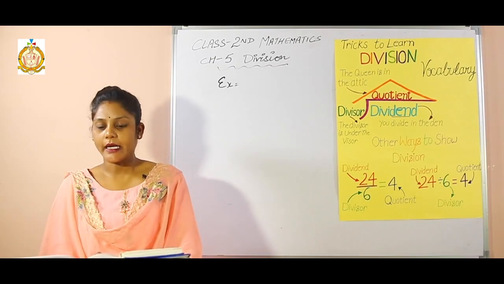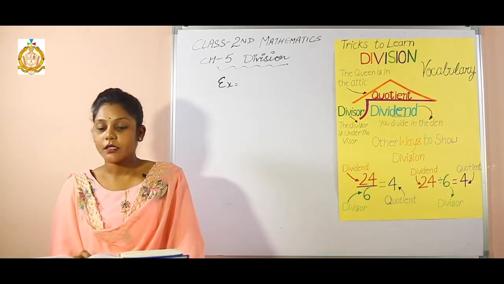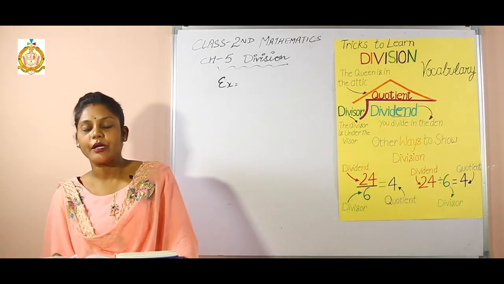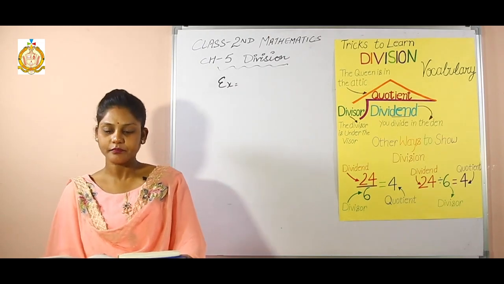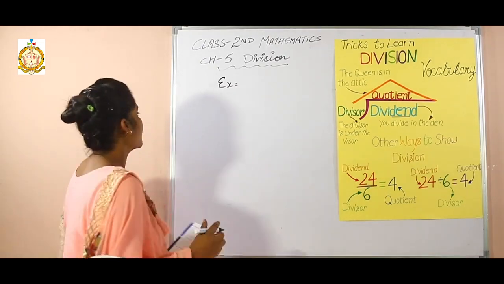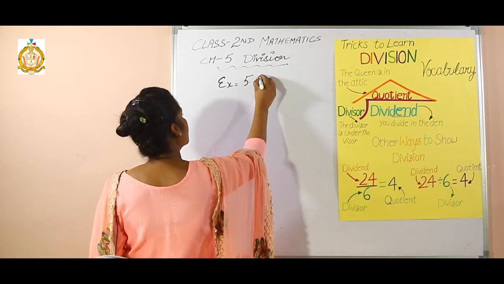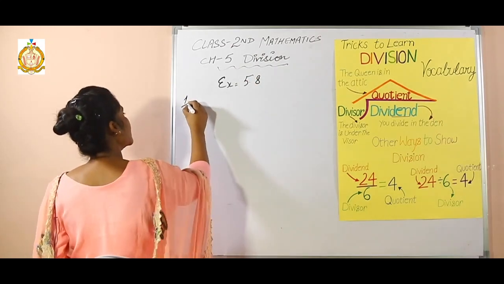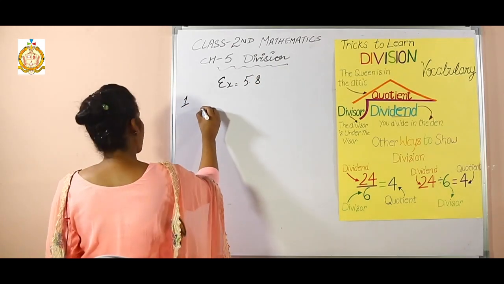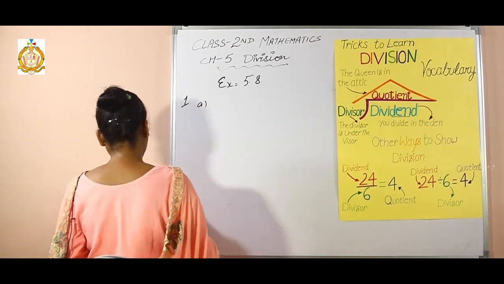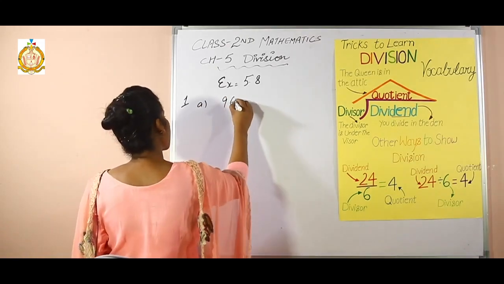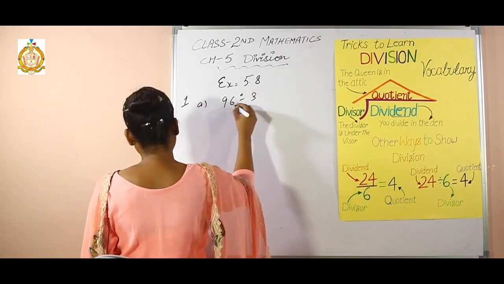In 5.8, divide the following and verify your answer. First of all, do the sum number A from the first part. 96 divided by 3.